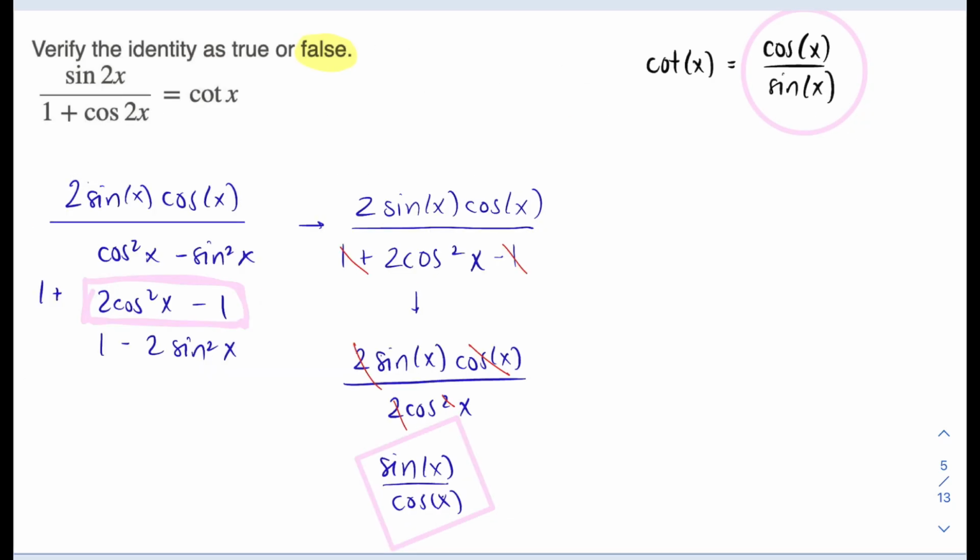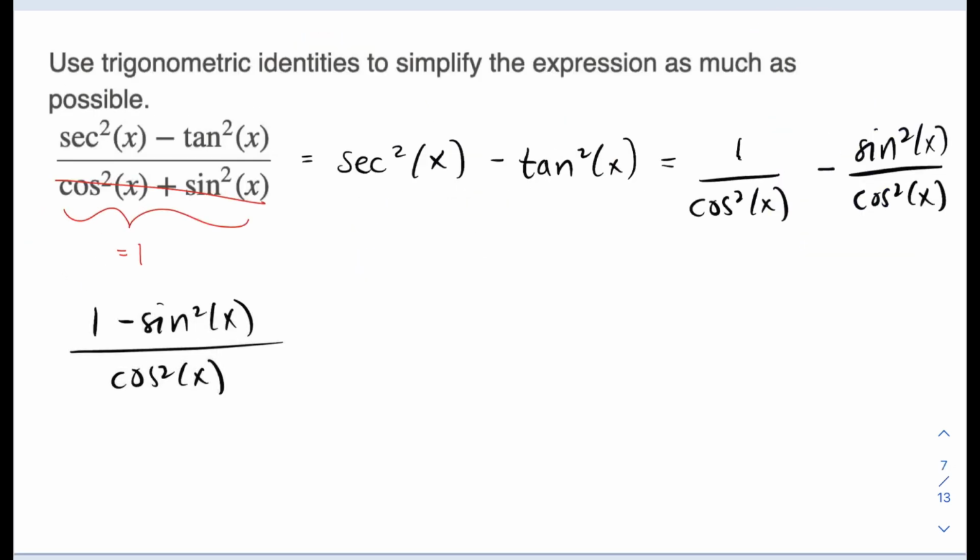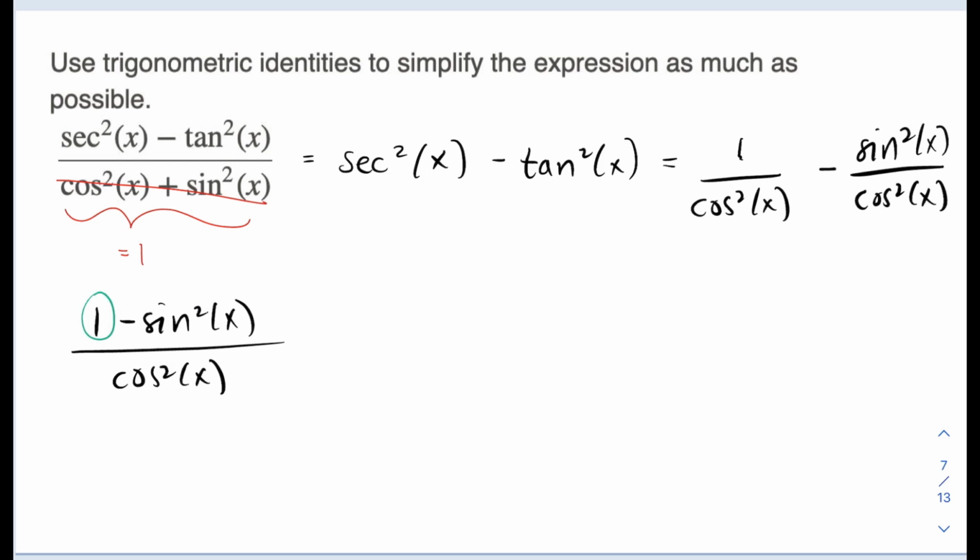Again, like we talked about here, if you recognize this, or the similar one where 1 minus sine squared equals cosine squared, you can change it out. But you can also just replace the 1 with what we did above, sine squared x plus cosine squared x.